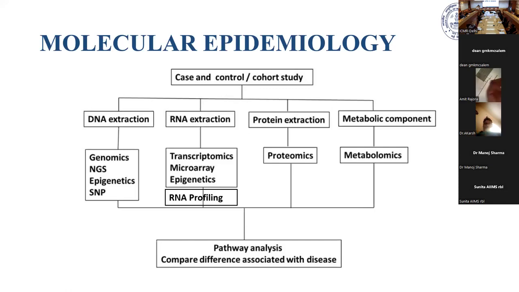So I'll quickly try to show the different techniques which can be used when you are analyzing the different aspects of molecular epidemiology. For example, if you are looking at DNA and doing an exploratory study, you might want to look at the whole genome. In that case, you need facilities for next generation sequencing, where you can look at whole genomes.